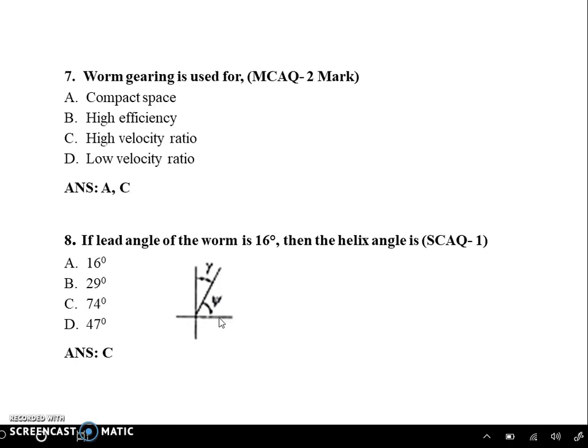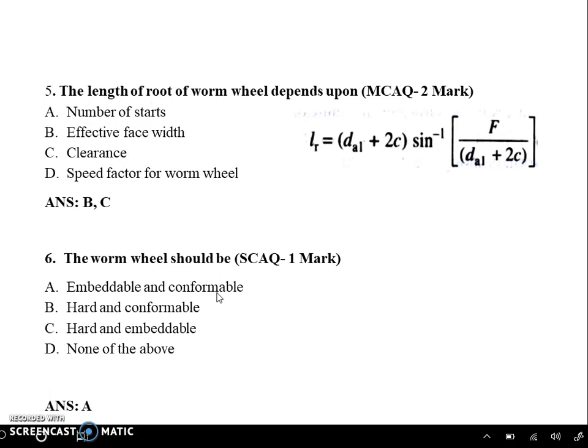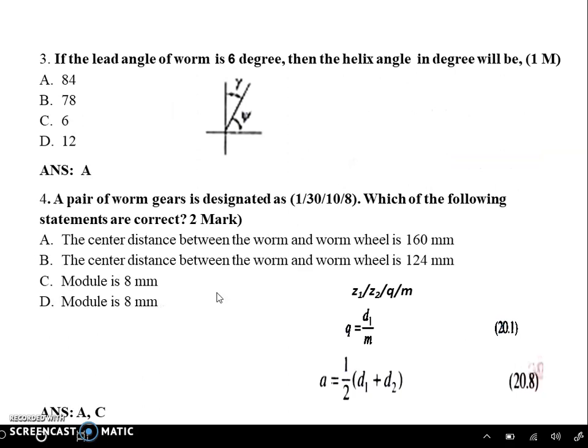So we will have to use gamma plus psi is equal to 90 degree. In the question it is asked that if lead angle is 6 degree, then what is the helix angle? So 6 plus this psi is equal to 90 degree. Obviously this psi helix angle is 84. That's why answer is A.